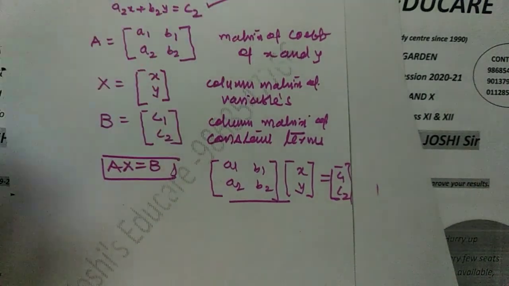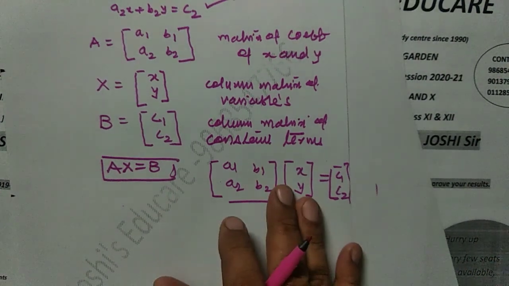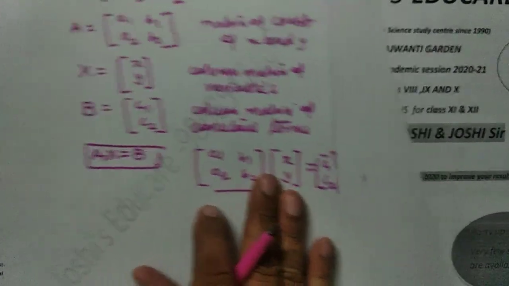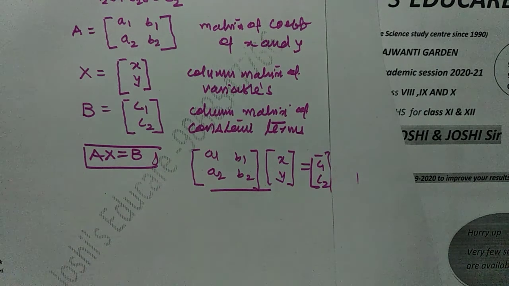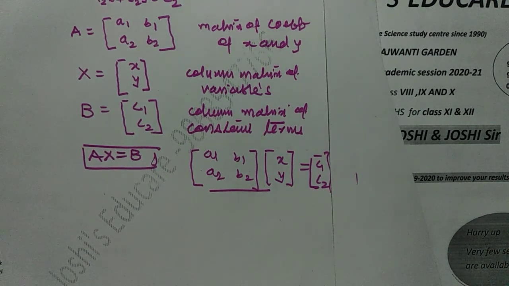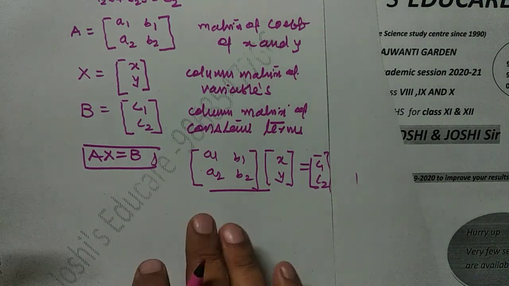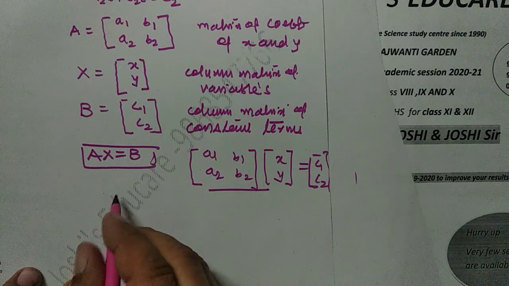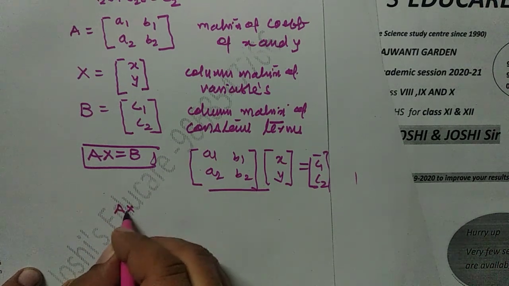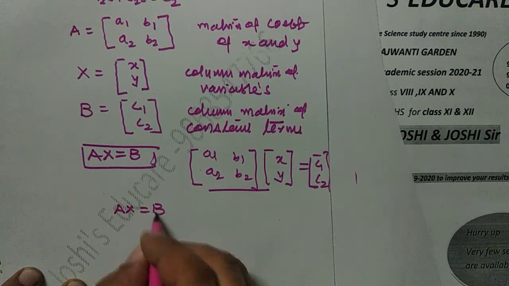Now how to solve it further, you just see. The same procedure we'll use in case of 3 variable equations, and I will tell you how to express 3 variable equations in terms of the matrix. To get the value of x and y, solving equations means to get the value of small x and small y. We know that AX equal to B is the matrix representation of these two equations.